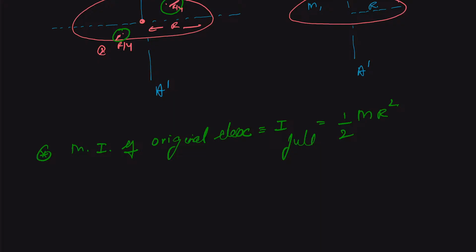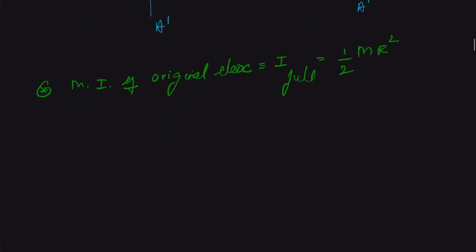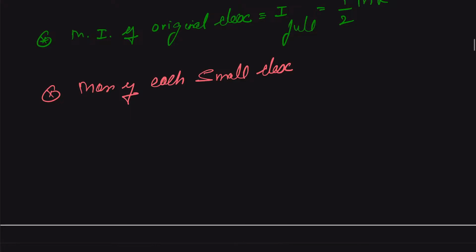First of all, let's find the mass of each small disk. So we have the mass per unit area. m was the mass of our full disk, and the area is pi r square.